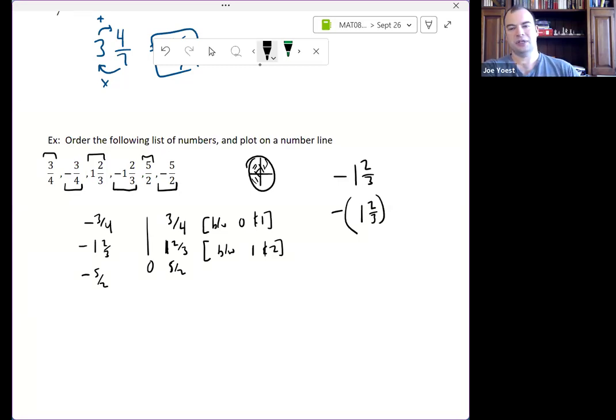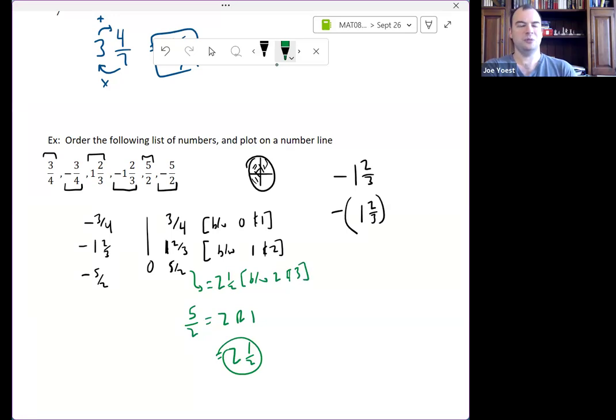Now 5/2, I'm actually going to convert this into a mixed number. I know that 5 divided by 2 is 2 with a remainder of 1. 2 times 2 is 4, plus 1 is 5. Or this is 2 and 1/2. In other words, it's between 2 and 3.